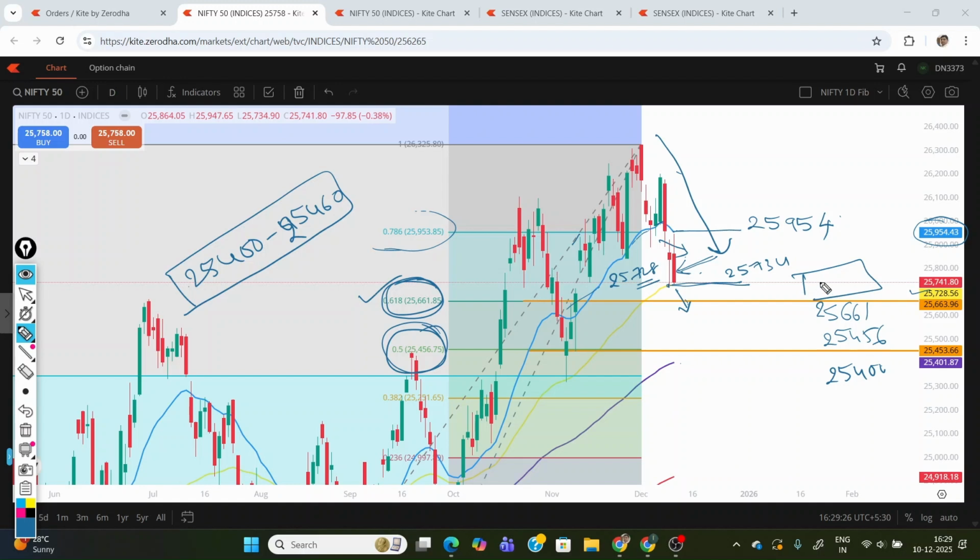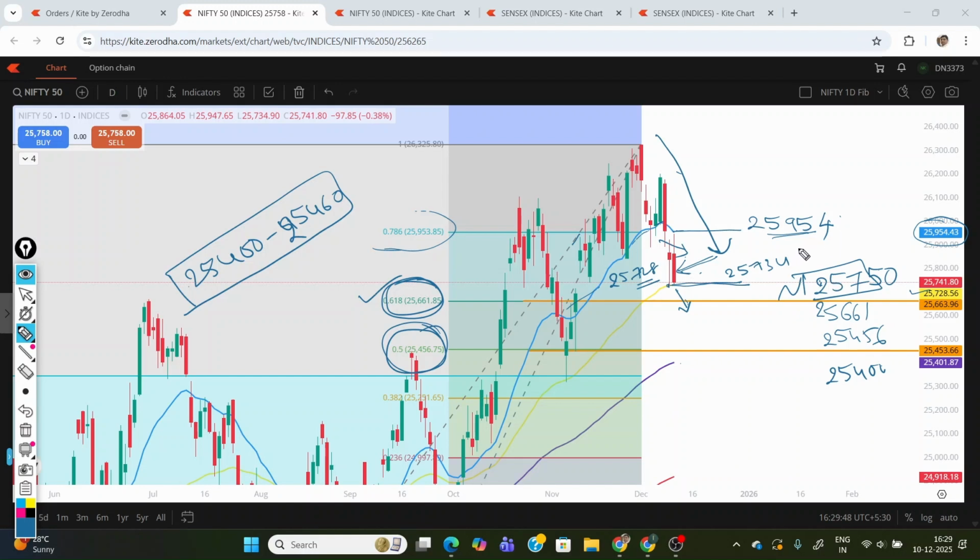On the upside, the limitation is 25,984. And where we close, 25,700 and around 50 roughly.